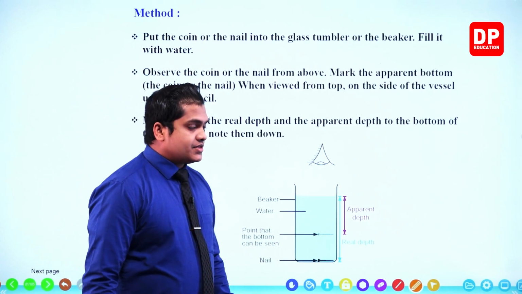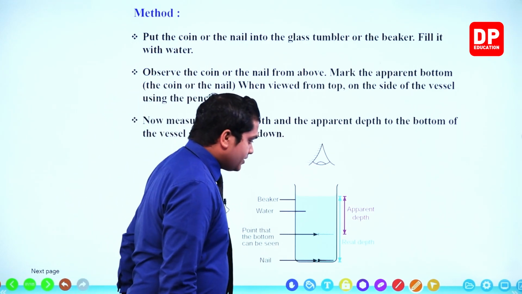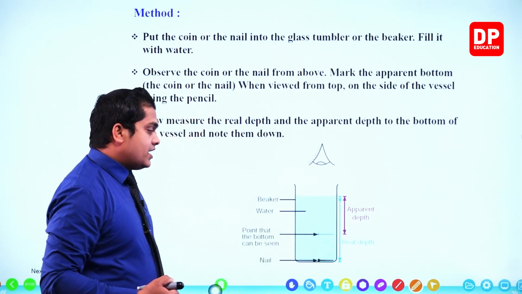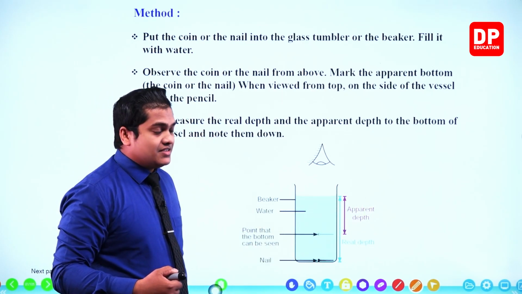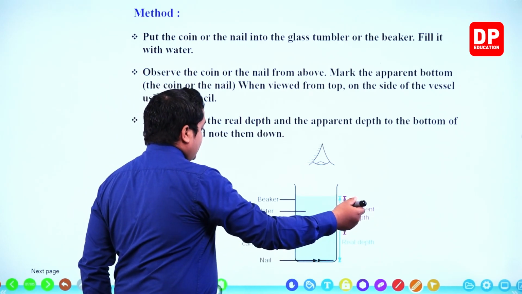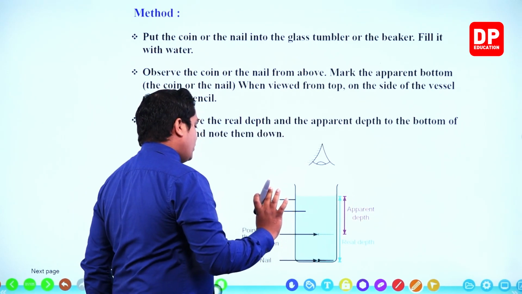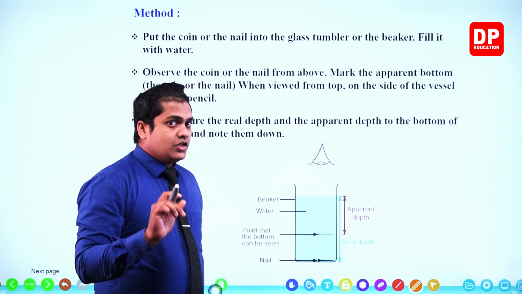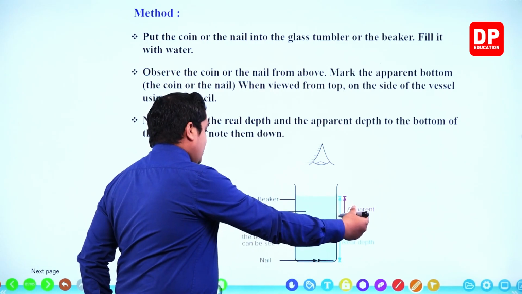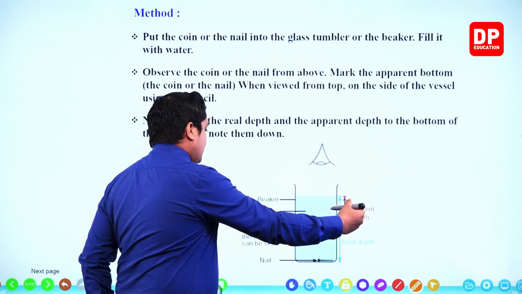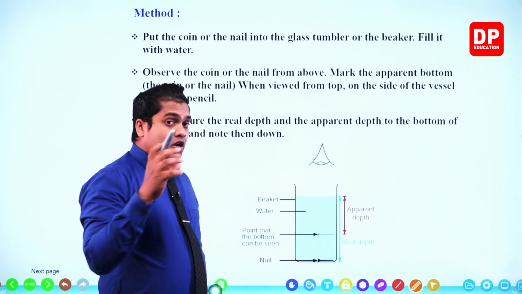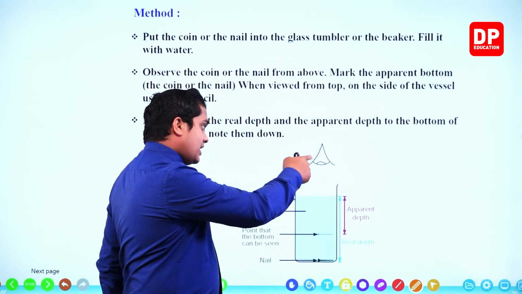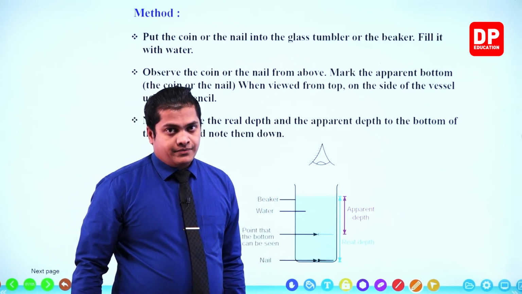You know that the coin or the nail is at the very bottom of the flask. However, you have to observe it like this and mark the level of the coin as you see it, as per the given figure.